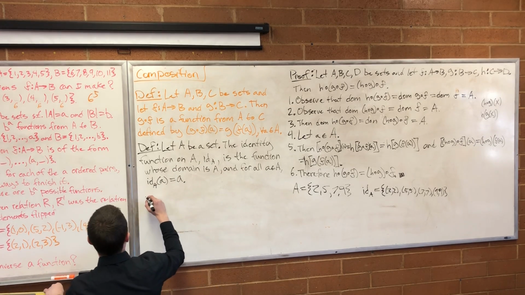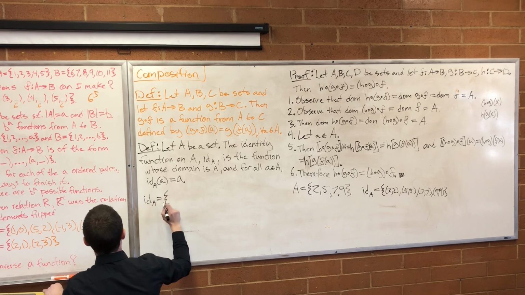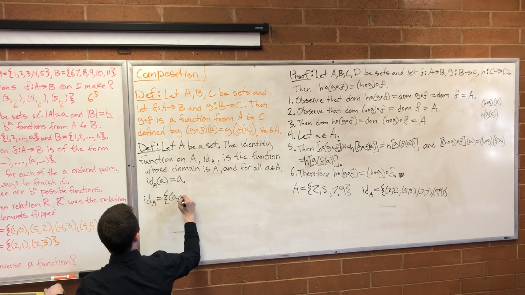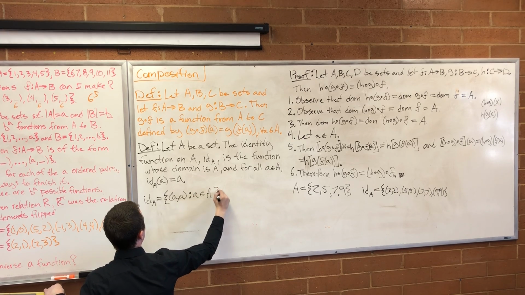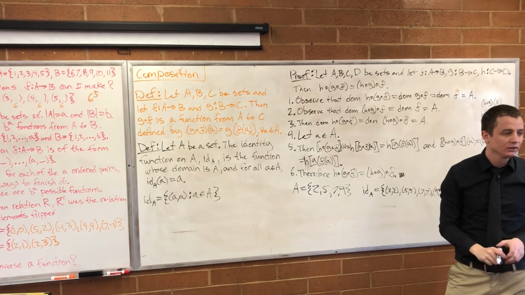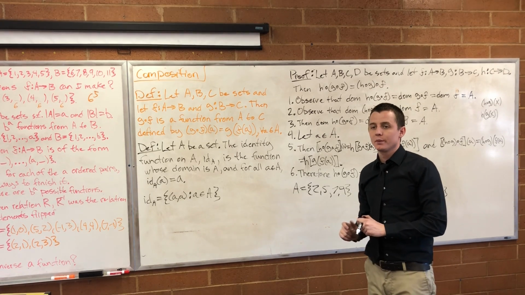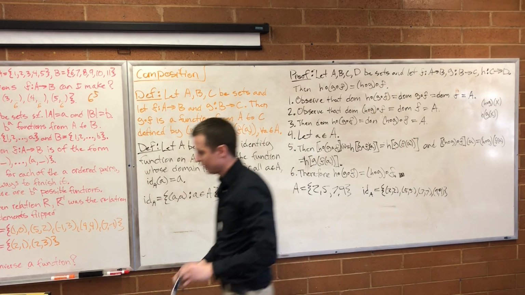In other words, the identity function on A is equal to the set of all ordered pairs (a, a), where a is in A. Take everything in A, map it with itself, that gives you the identity function. Make sense? Okay.